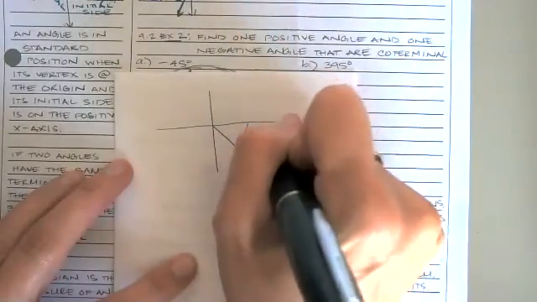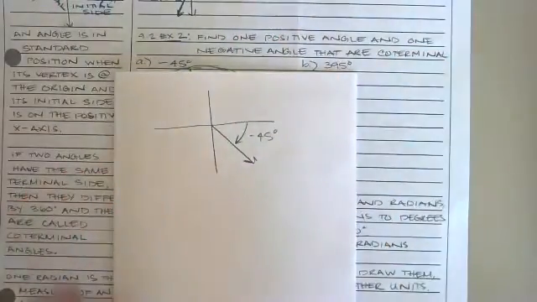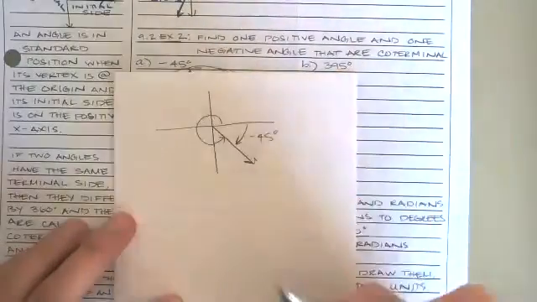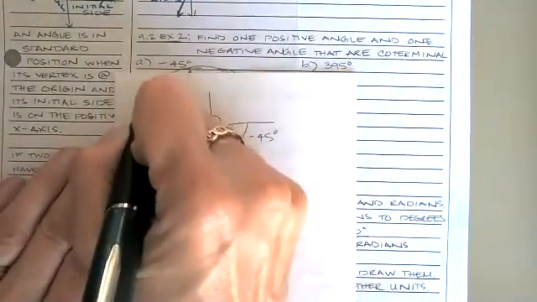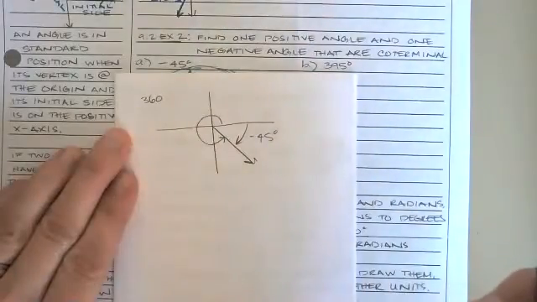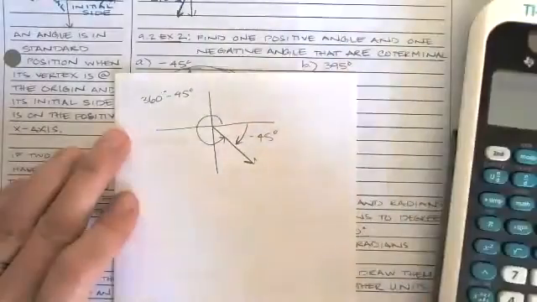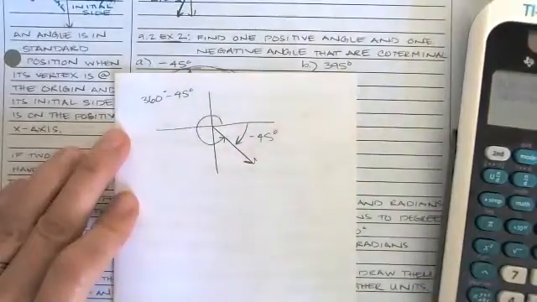So this is negative 45. A coterminal angle, this would be our positive one, happens to be 360 minus 45 degrees, which is 315 degrees.